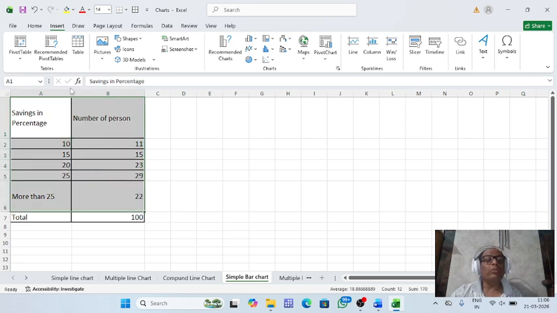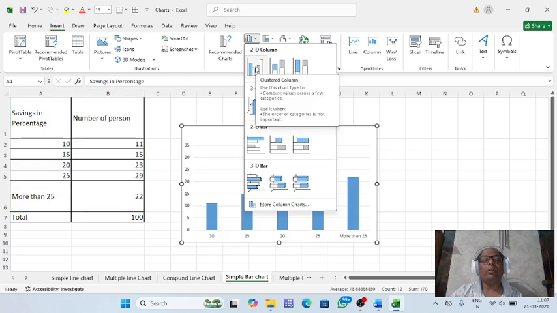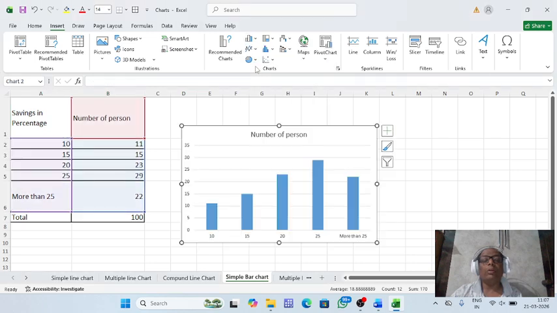So select the data and go to insert, and then go to charts. You have this chart, 2D column chart. With this you'll get the data in a visual. This is a vertical bar chart.